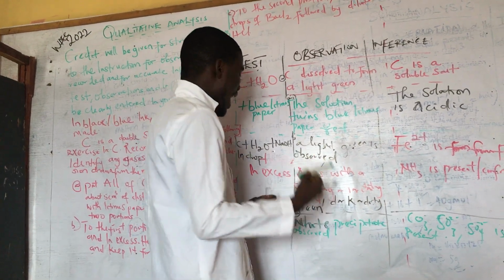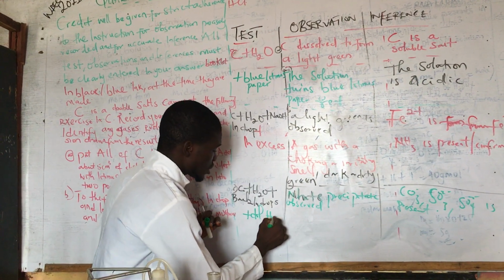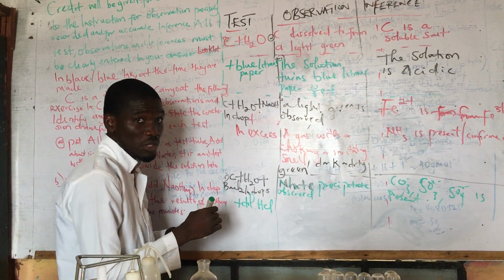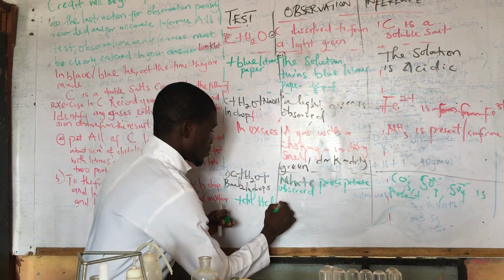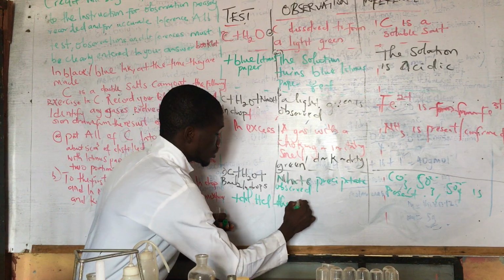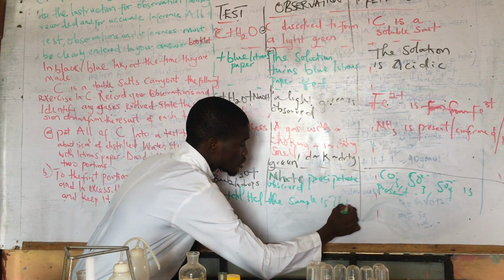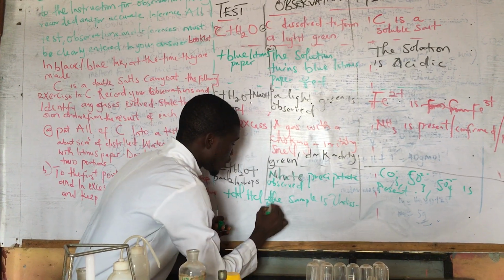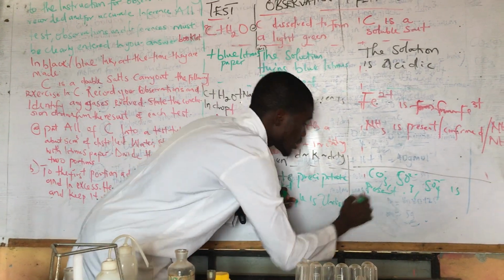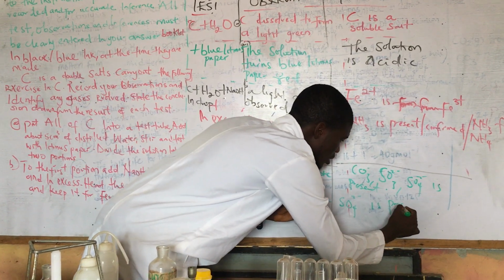Are you with me now? And anytime you add dilute HCl, are you with me? Okay, the sample is undissolved. So you can say my SO4 2 minus is present.